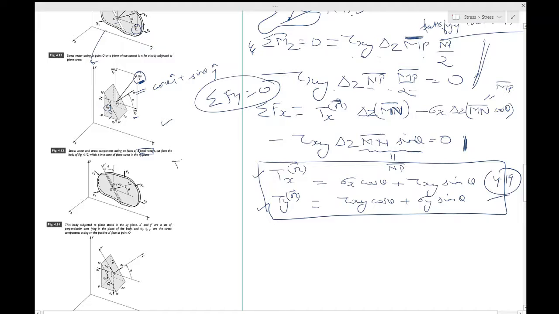So Tn will be equal to Tx of n i cap plus Ty of n j cap. Okay, this arbitrarily oriented stress vector can be written in terms of these special stress components which were arrived at after considering these special directions, only 3 in 3-dimensional case and 2 in 2-dimensional case.